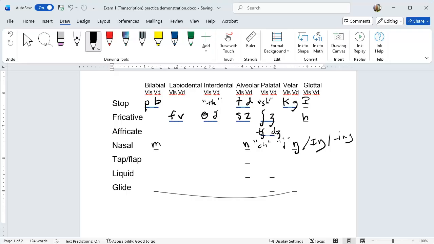That would be transcribed as indicated here with the small cap I and the ng to get us that ing sound that's at the ends of lots of things.